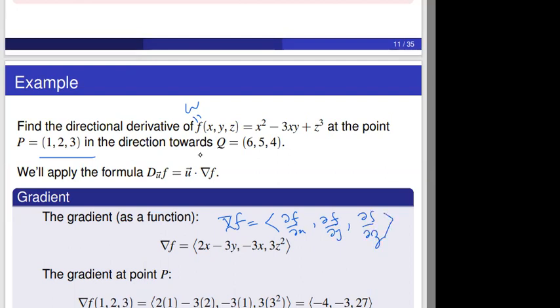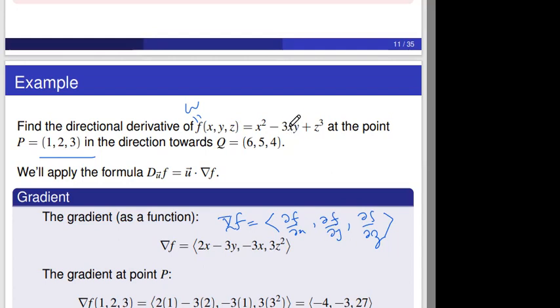Let's find them. What is the partial derivative of f with respect to x? 2x. We differentiate with respect to x, and the other variables are considered constant. So 2x.